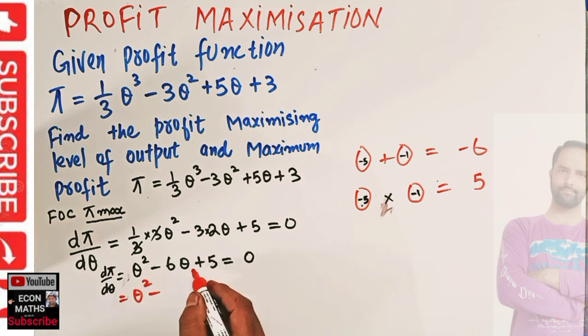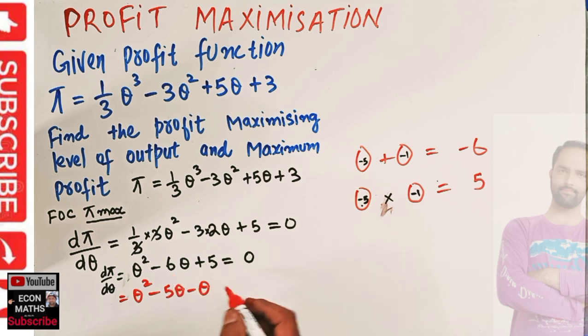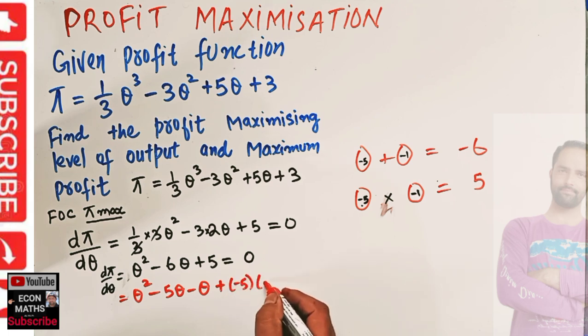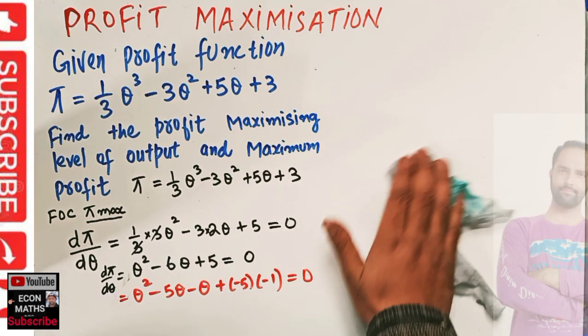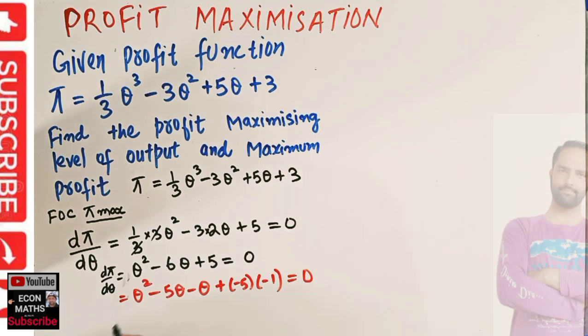So we can split it out, that is, we have q squared. In place of -6q, we will write -5q minus q. So -5q minus q again sums up to -6q, and the +5 stays as it is. It is basic mathematics here, nothing unusual. Now let's factor it out.